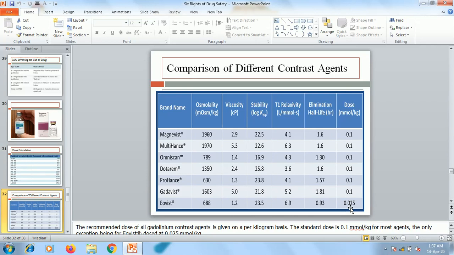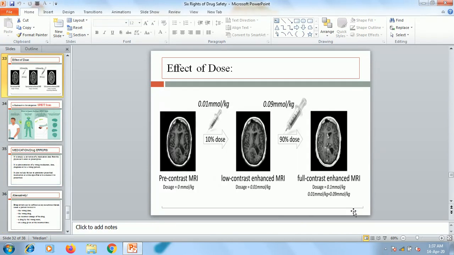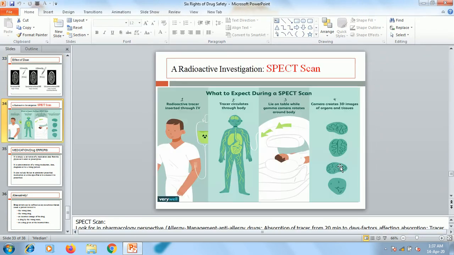The dose would be different. If someone administered this dose to that patient for Eovist, then it would be wrong. You can see the effect of dose.